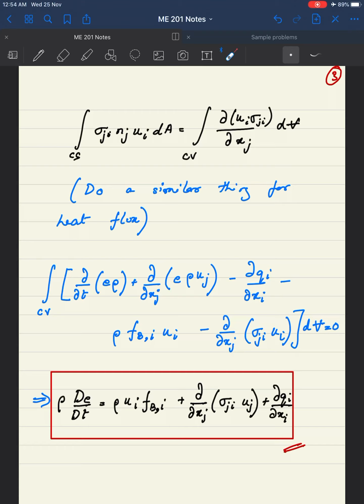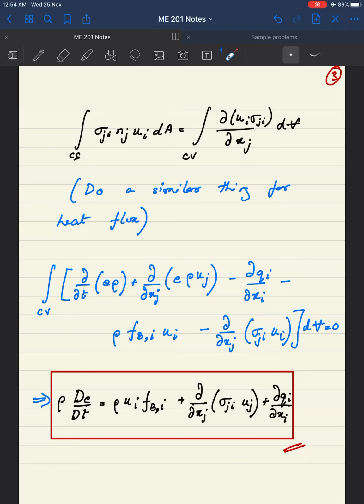So you convert all the control surface terms into control volume terms, and then bring them under the integral, and you will end up with this kind of an equation right here. And this tells you that the energy equation can be given in the integral notation. It can be written like this.